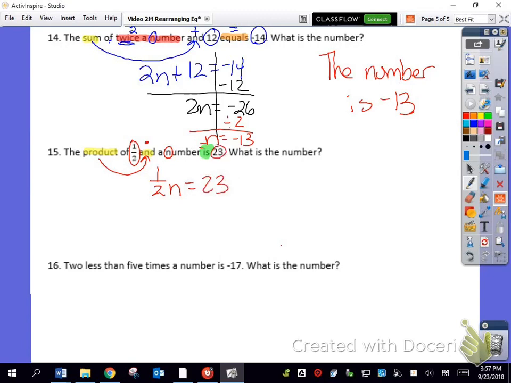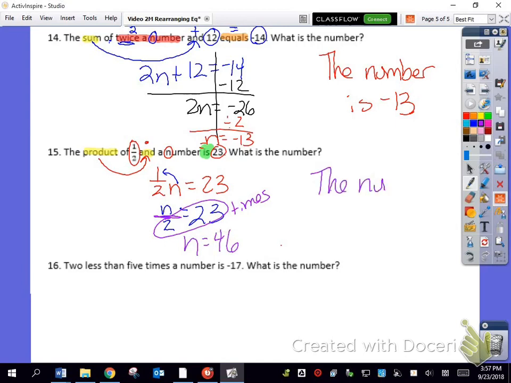Now remember, a half n can be written n over 2. All you're doing is you're putting the n in the numerator. So n over 2 equals 23. And the opposite of dividing is to multiply. So 2 times 23. So you just multiply 2 times 23. So n equals 46. The number is 46.